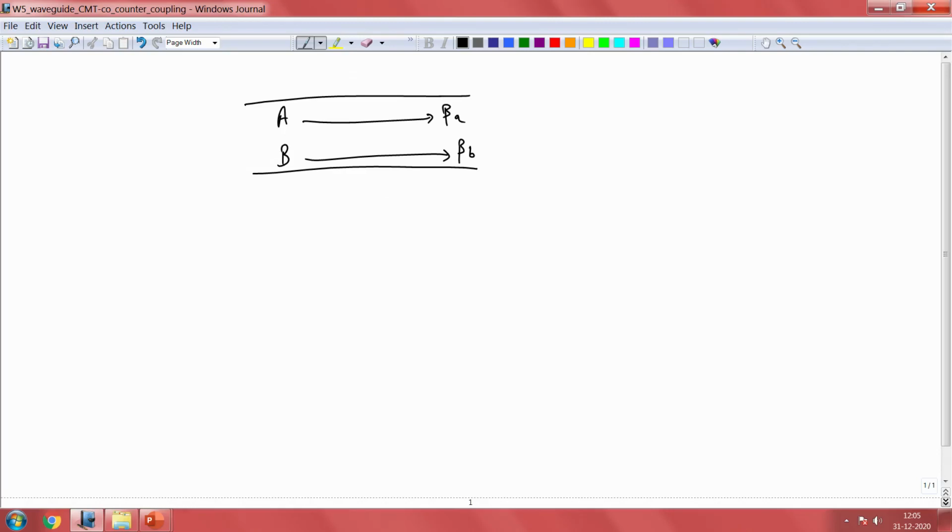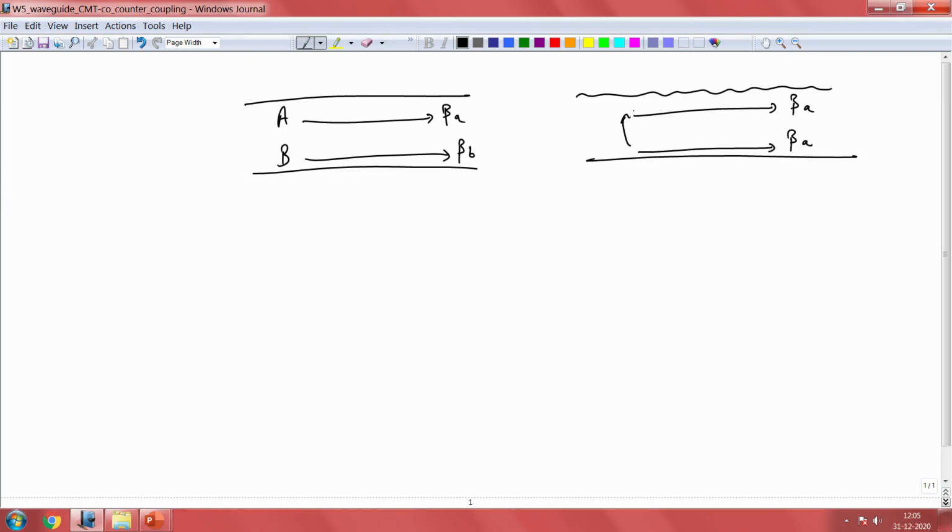These are all normal solutions, as we saw in the earlier discussion. You need to have some perturbation. There should be some disturbance in the system, and this disturbance could be brought in by, let us say, a simple roughness. Here we have a very smooth surface, but let us say the surface is rough, and in that case you create a coupling between these two.